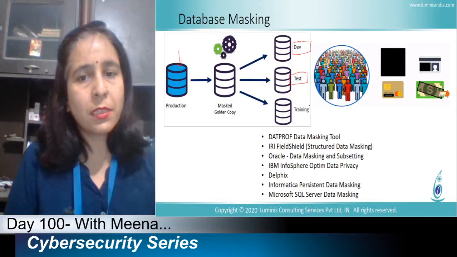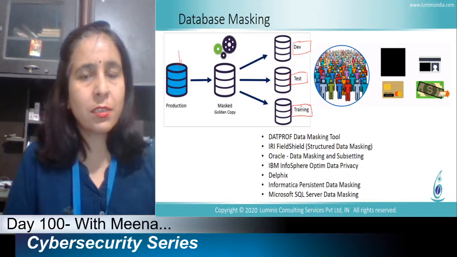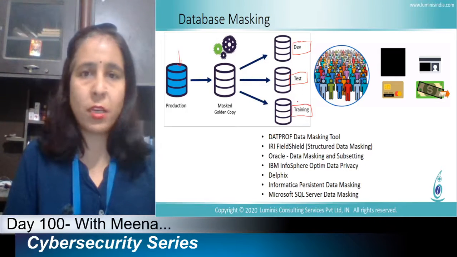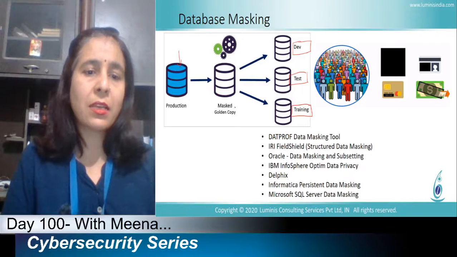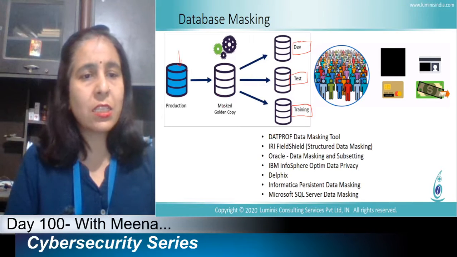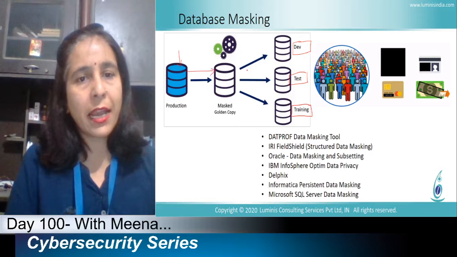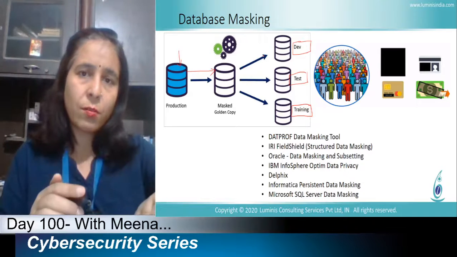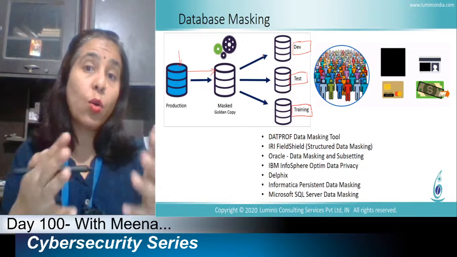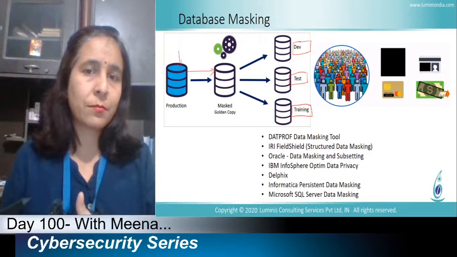For your purpose you need that much information, and the rest we are not giving. So data masking makes a copy of it, and as per the group who require that information, it hides the rest and forwards only the information which is needed.